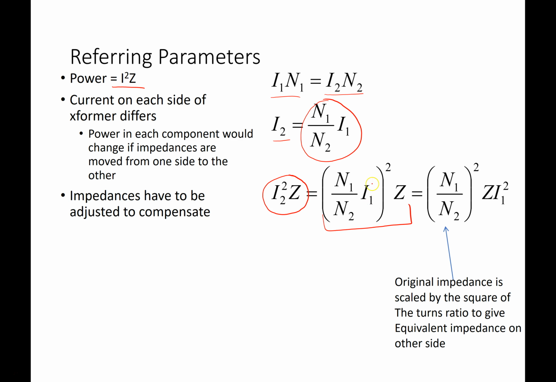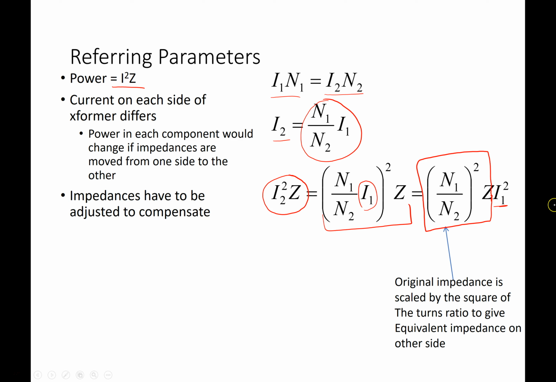Now if we treat I1 as the current, we will see in order to get this, I need to scale the impedance by N1 on N2 squared to give me the same power dissipation. I can't scale the currents because remember the currents are fixed for those parts of the circuit.